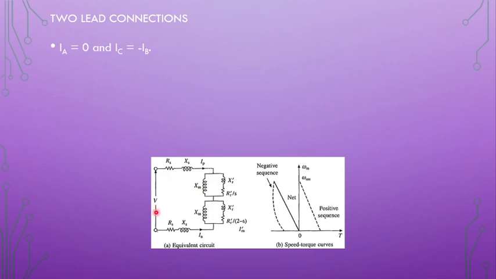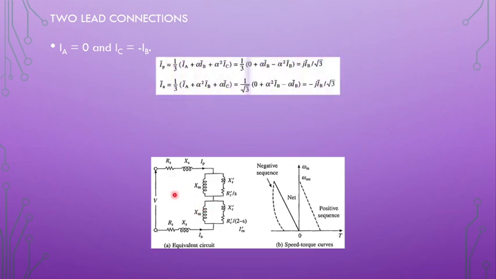Now here is the equivalent circuit shown, which is similar to the single phasing concept, and depending on this equivalent circuit, we have the positive sequence and negative sequence current equations. Now we are well versed with the positive and negative sequence components, and we know how to derive these expressions. So for the available data, these are the equations for the equivalent circuit shown here.